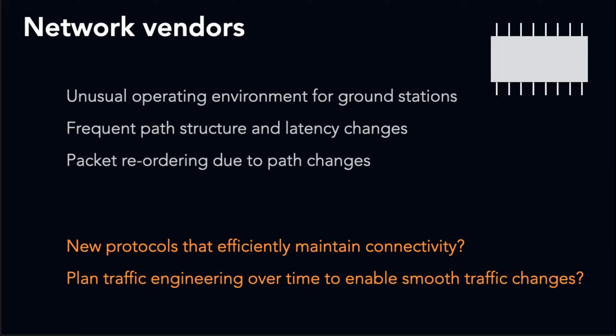One could also plan traffic engineering, plan routes not just spatially, where you think of what traffic to send on which network paths, but also temporally, what traffic to send on which network paths now and into the future. And you could do this to enable smooth traffic changes such that there are not sudden congestion points from satellite movement causing path structure changes.